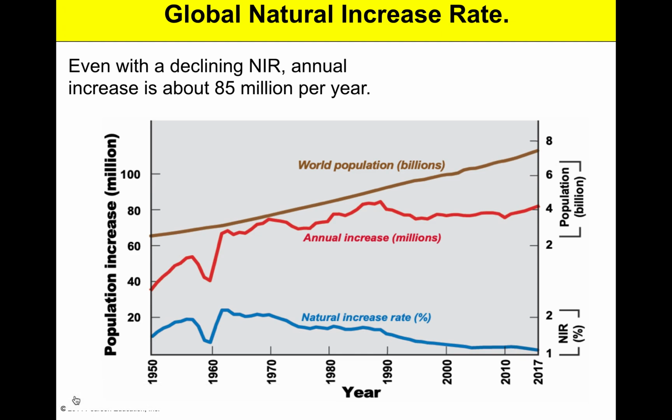We can also look at the natural increase rate. The world population continues to grow. The annual population increase, even with a declining natural increase rate, as we can see, is still about 85 to 95 million people per year.